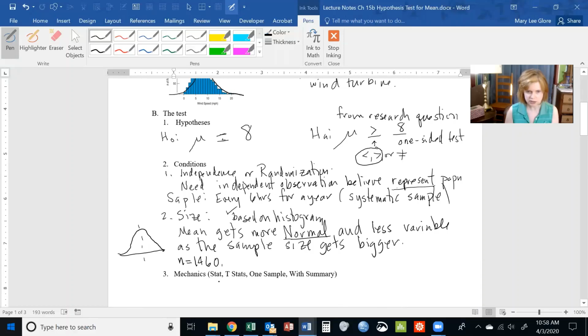So for a big sample, and a big sample we said is anything over 40, if it's bigger than 40, then we meet the condition as long as the histogram is not extremely skewed. And also it can't have extreme outliers.